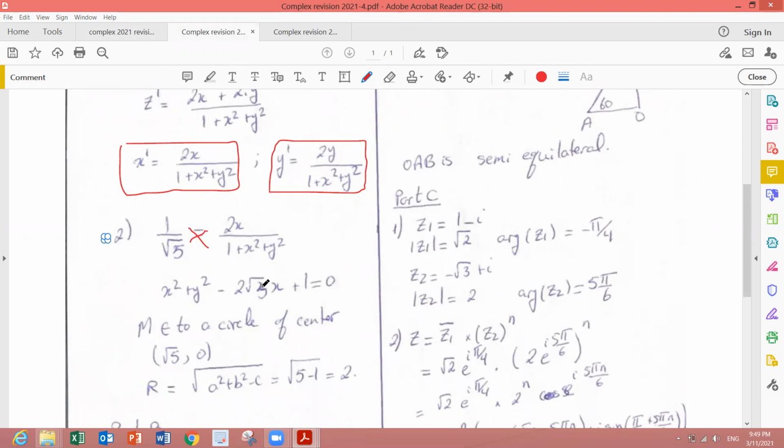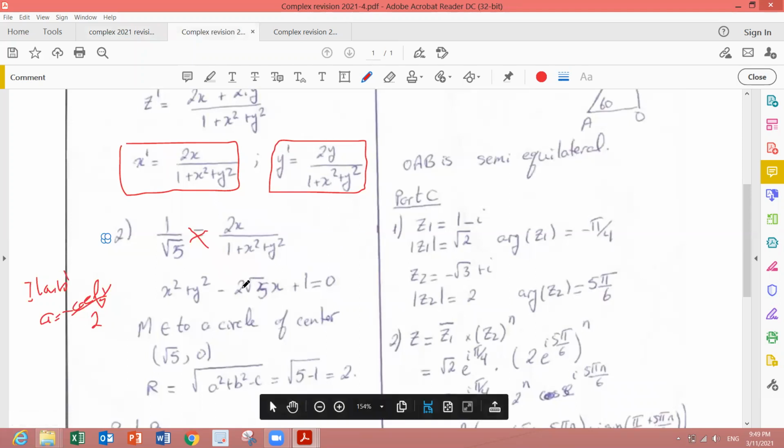To find the coordinates of the center, M belongs to a circle of center I(A, B). A is minus the coefficient of X over 2, which is minus 2 radical 5 over minus 2, so we get radical 5.